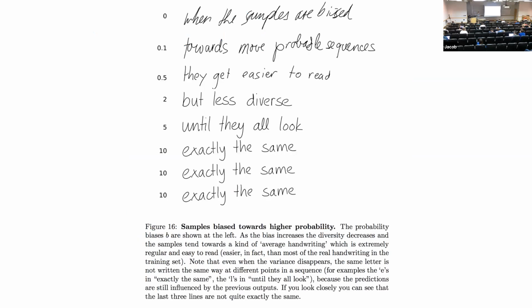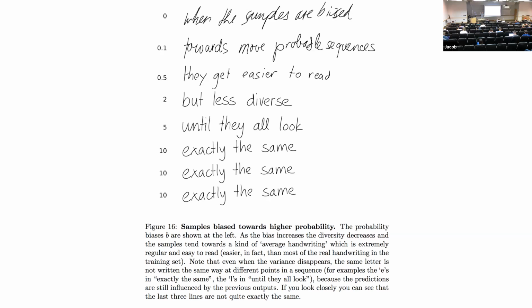If you remember, we talked last class about this idea of temperature. Does anyone remember what temperature means in the context of sampling from an RNN? Yeah, exactly. Temperature measures how deterministic or, alternatively, how random your predictions are going to be.